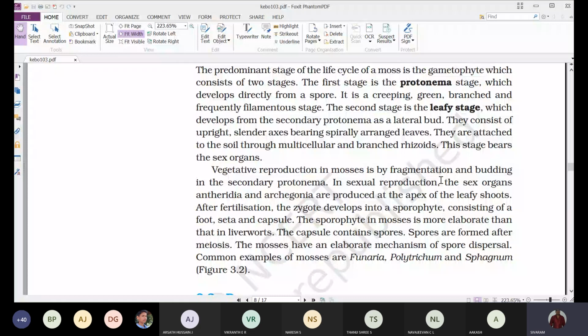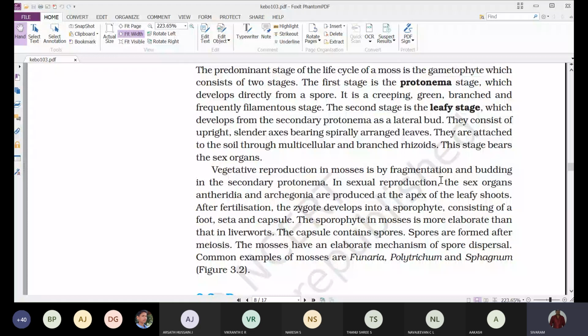The second stage of the gametophyte, this leafy stage, consists of multicellular branched rhizoids, and a main axis which looks like a stem, with spirally arranged leafy structures which look like leaves.